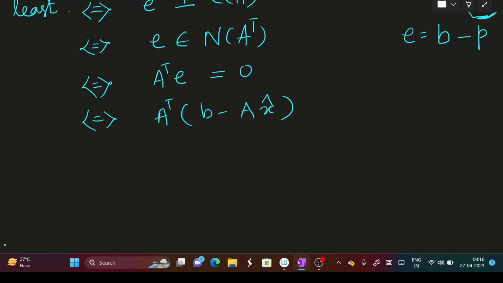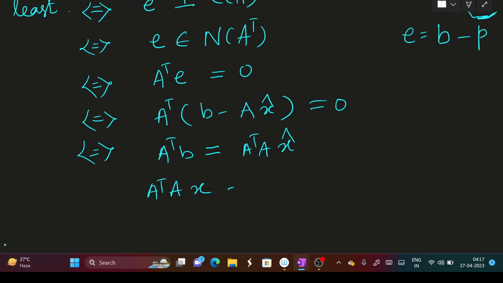It is P. So A transpose B minus A transpose A into X cap is equal to 0, or this is equal to this, which is our normal form. Our normal form equation is exactly A transpose A x cap is equal to A transpose B. It is said to be normal form equation.